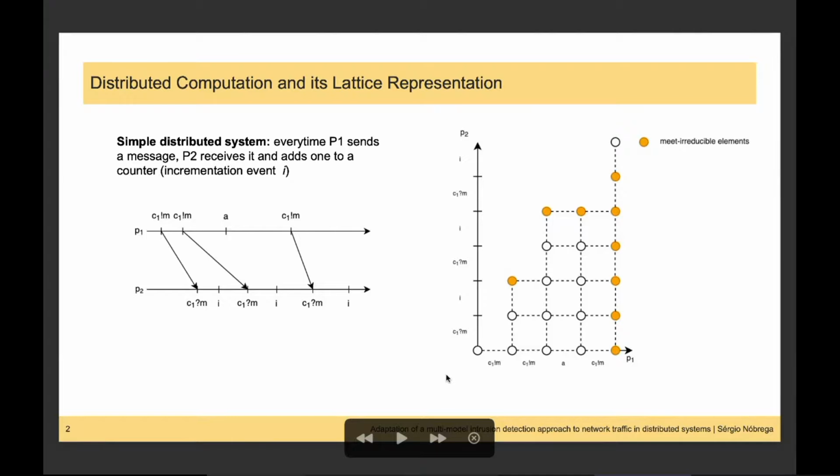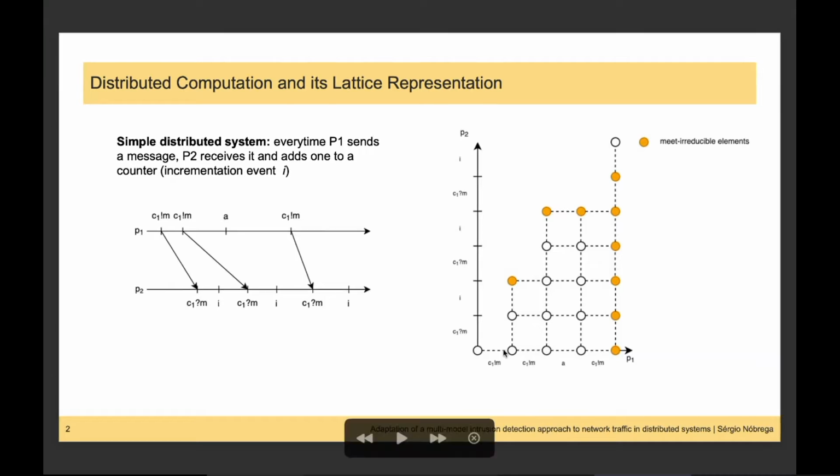And these lattices allow some sort of understanding of the distributed system, as well as retaining not only the partial order, but also the possible concurrency of the events. Here, each axis is a process, and you will have as many axes as you have processes in your distributed system.